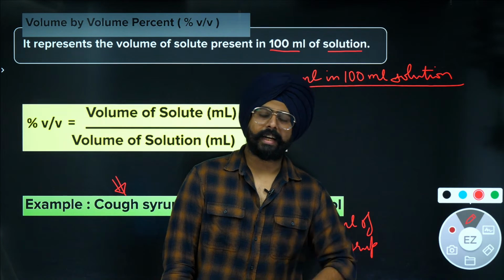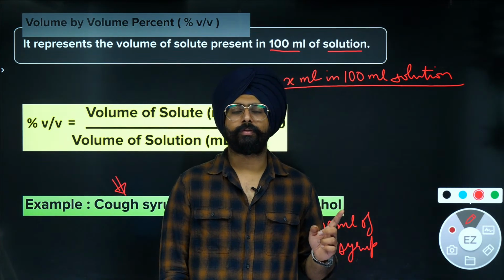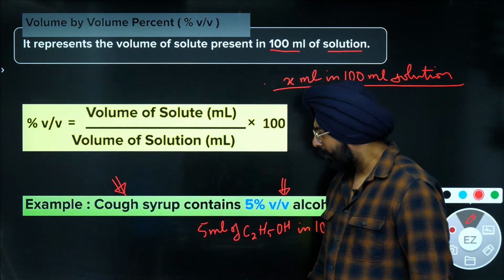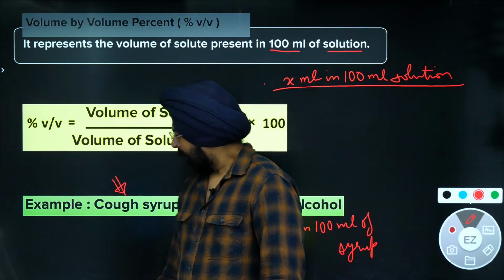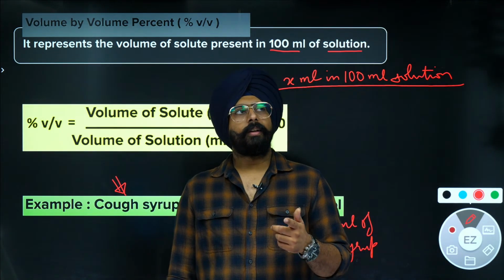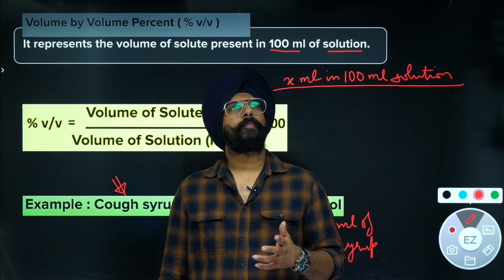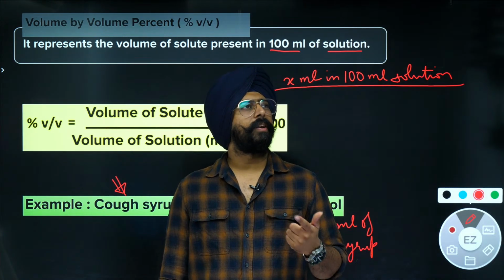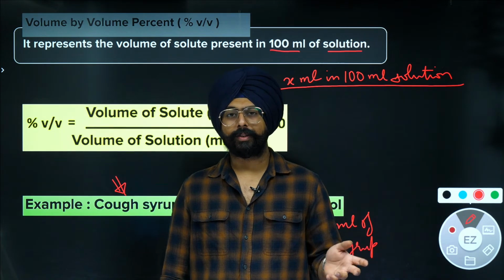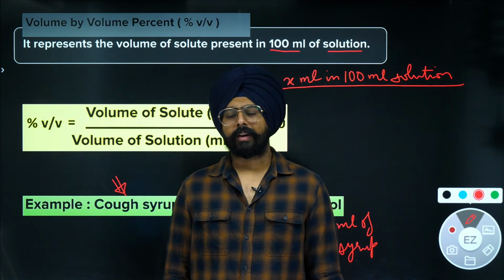Yes, even in sanitizer you have the same type of concentrations written. And this is how some companies try to fool us. In sanitizer, as far as I remember, they need at least 70% volume by volume of alcohol for it to be effective.